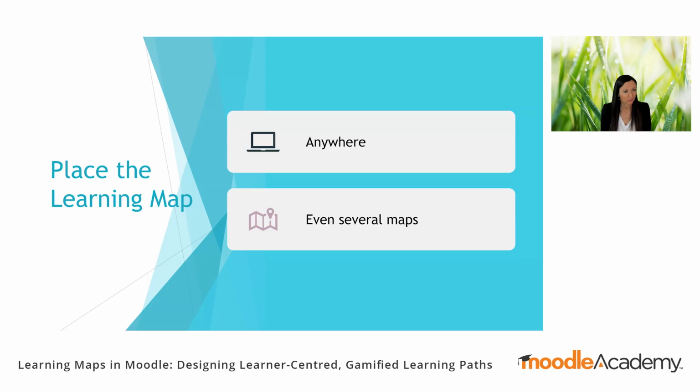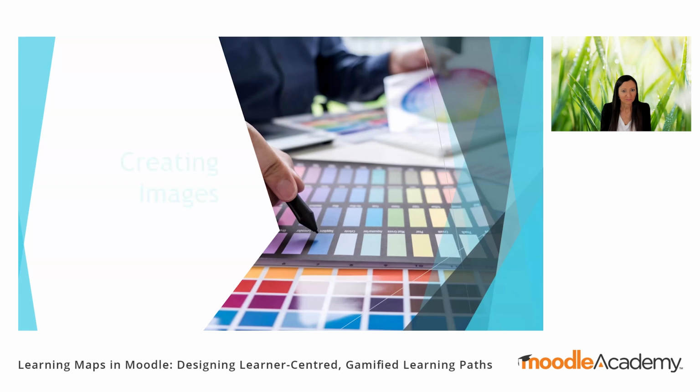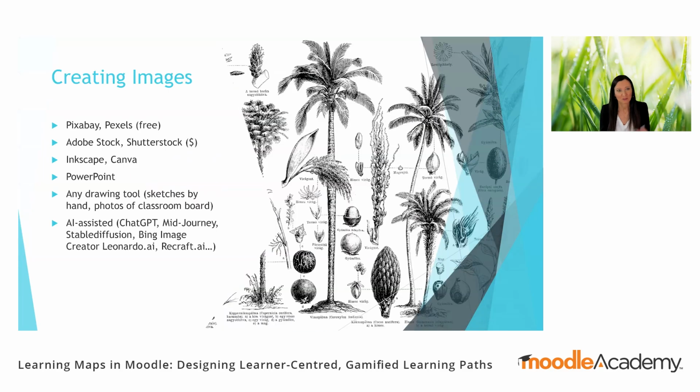And when you're doing this, then maybe you've also been thinking, well, I'll need an image. Where do I get that image from? Well, the usual things. You get it from Pixabay, Pexels, Adobe Stock, whatever you always use when you need a picture. You can draw them yourselves.